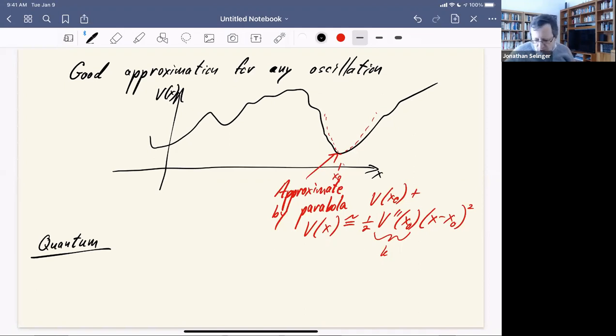Potential energy is what goes into Schrodinger's equation, okay? And so we are going to have a potential energy to start with, okay? So the quantum harmonic oscillator is a potential energy. V of x is 1/2 k x squared.